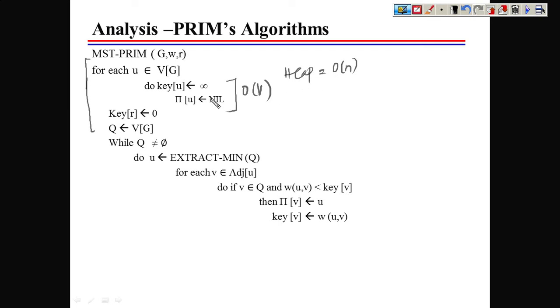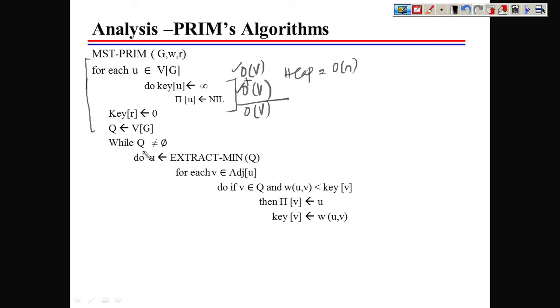When we are doing initialization and building a heap, that is the queue acting as a heap, the cost is big O of V. So big O of V effort is required in task one.